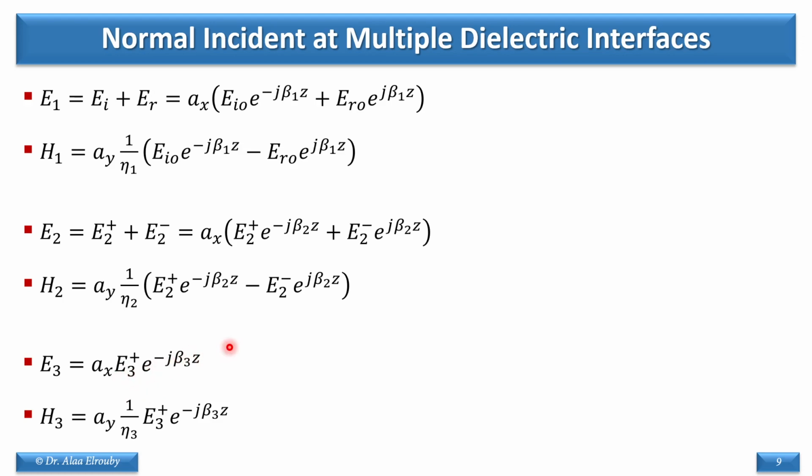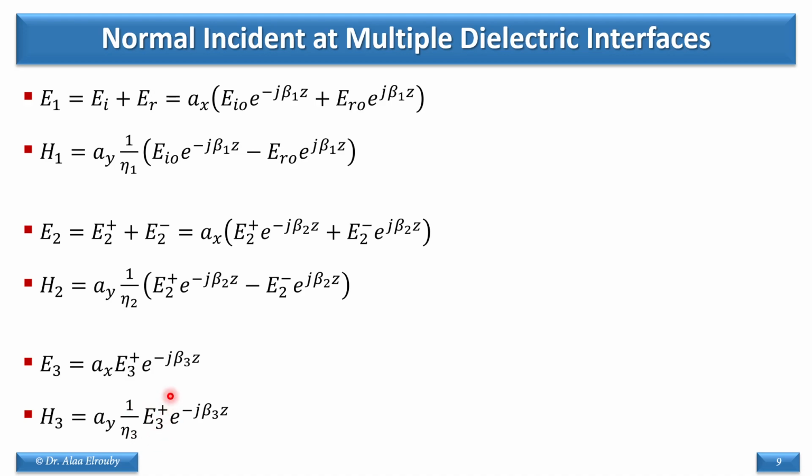So the unknowns that we are looking for are the reflected wave, the two wave components in media number 2, E2 plus and E2 minus, and the transmitted component, E3 plus.